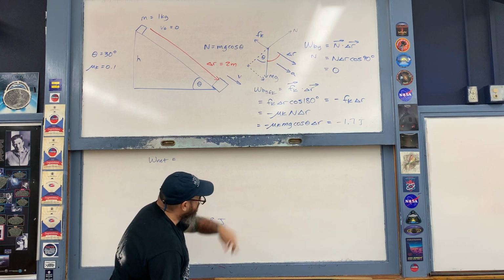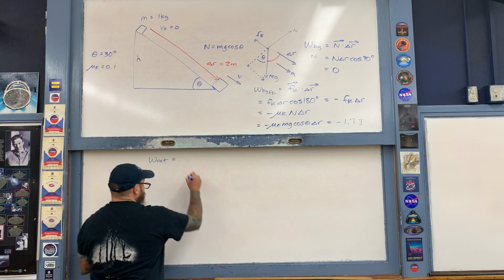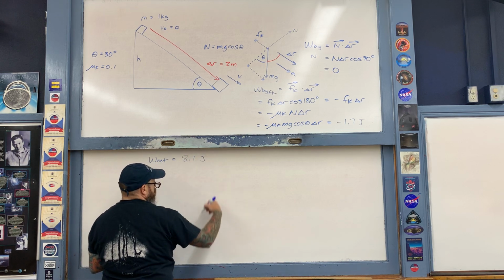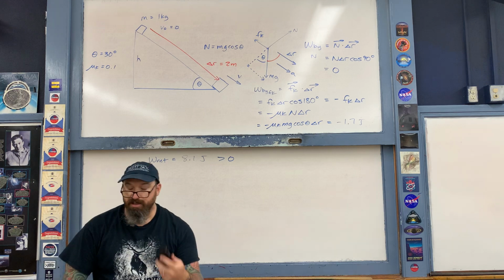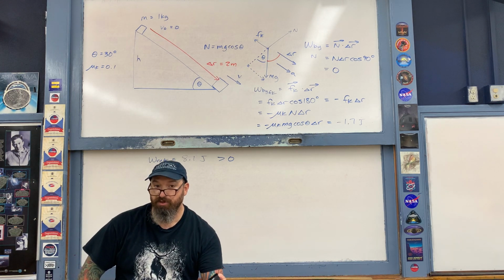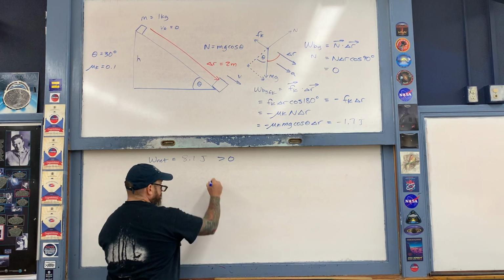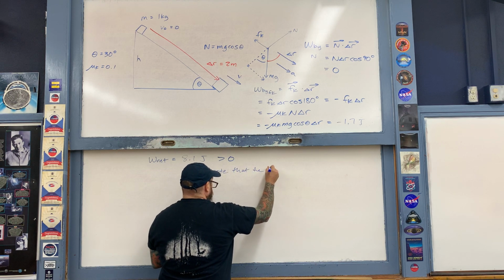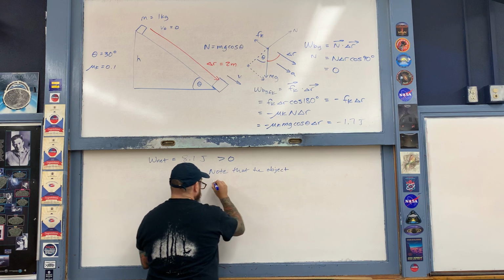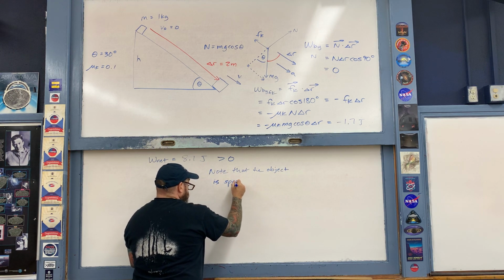So 9.8 minus 1.7, this ends up being positive 8.1 joules. Once again, we'll note here that it's a positive number, and like in the last example, in this example, the object is speeding up. So note once again that the object is speeding up.